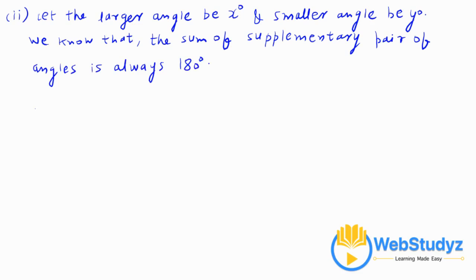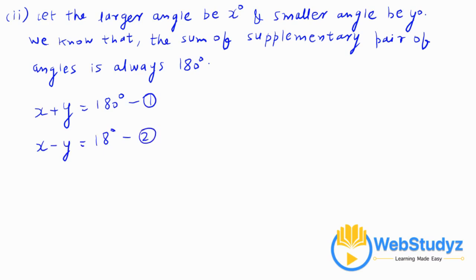Now according to the question, x plus y equals 180 degree. This is our first condition. And second condition is x minus y equals 18 degree. This is our second condition.